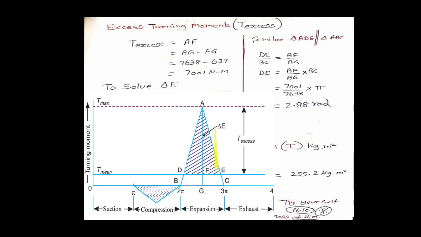Then DE by BC: DE is the base of the smaller triangle and BC is the base of the larger triangle. AF is the height of the smaller triangle and AG is the height of the larger triangle. In this manner, with the similar triangle method, we solve the problem.